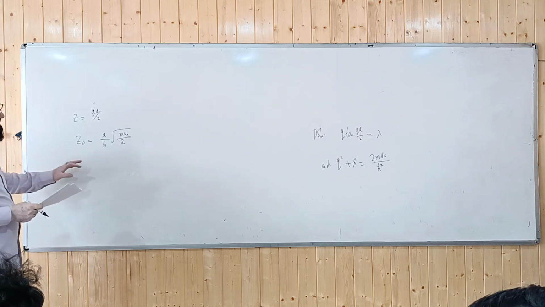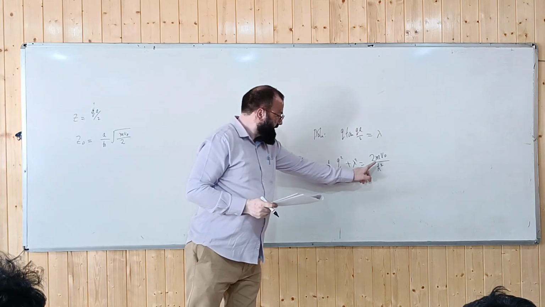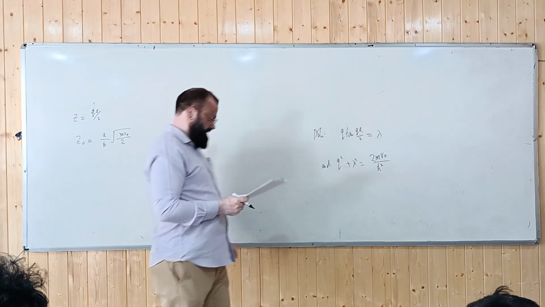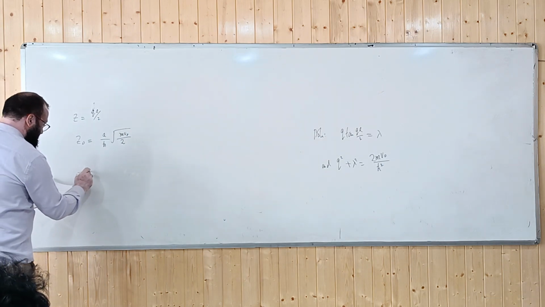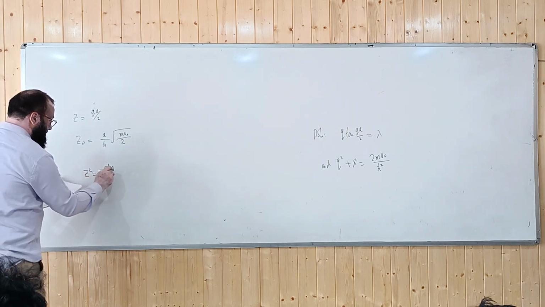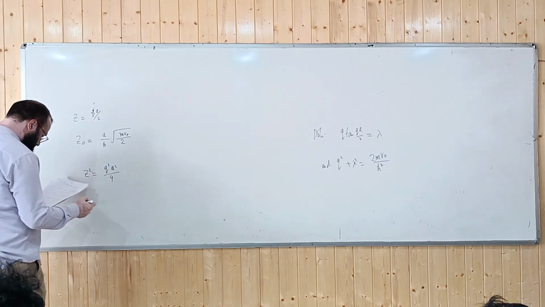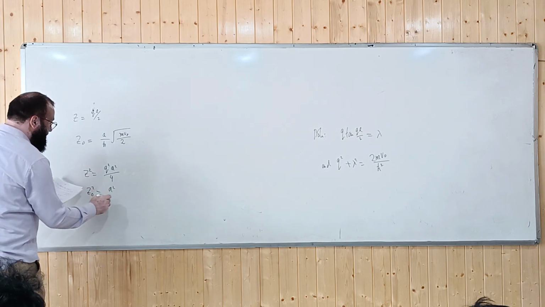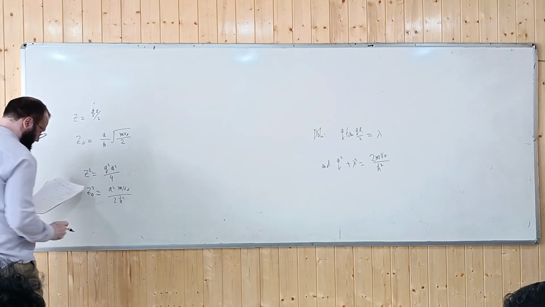Okay, so I'm using z naught. So let's write z square is equal to q square a square by 4. Clear? Similarly, you have z naught square. What will it be? a square mV naught by twice h cross square.